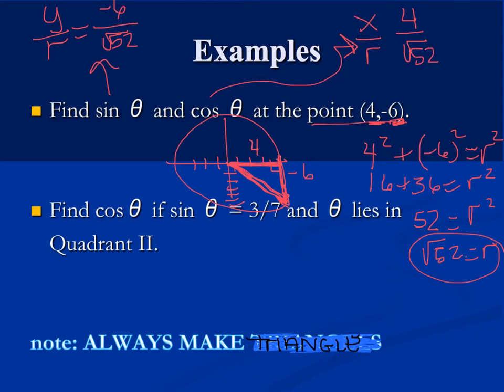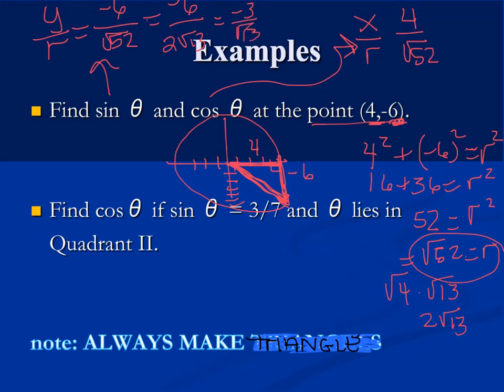The square root of 52 can be written as the square root of 4 times the square root of 13, so it's really 2 root 13. So I can rewrite this as -6 over 2 root 13, which can be reduced to -3 over root 13.